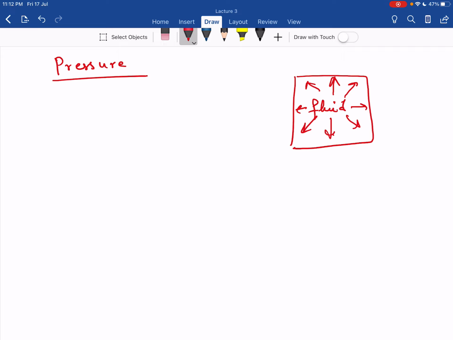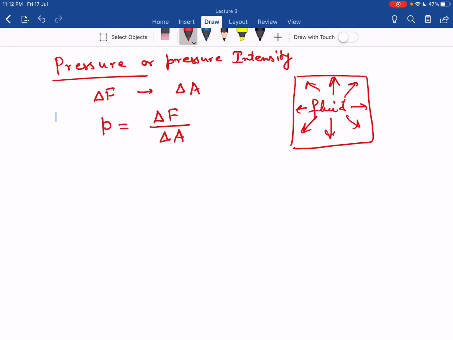So if delta F represents this force over an area of delta A, then we can write pressure intensity or this pressure as delta F divided by delta A. Now the units for this pressure or pressure intensity, the one unit is Newton per meter square, that we also call as Pascal.